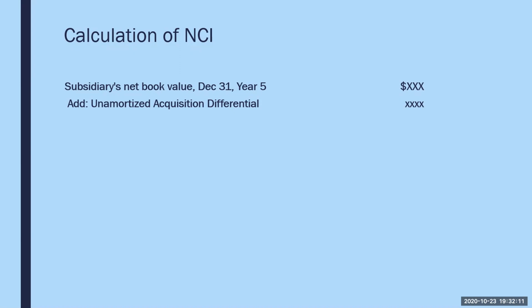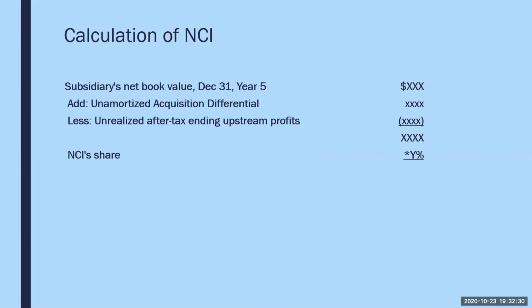This is the one coming from the last column in step 3, the rightmost column. Then subtract any unrealized ending upstream profits, not downstream, just the upstream profits. Whatever adjusted amount you get, multiply that by NCI's share to get non-controlling interest for the consolidated balance sheet.